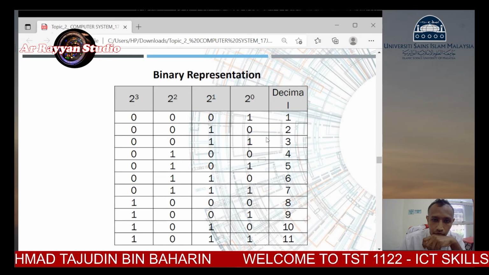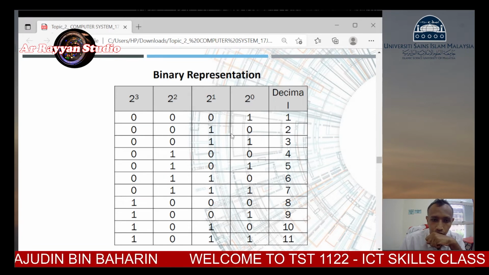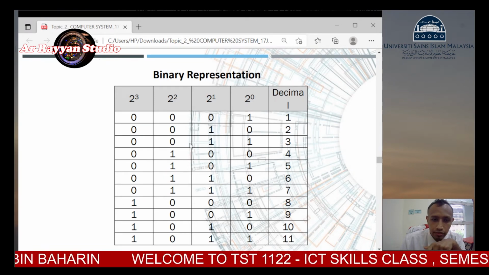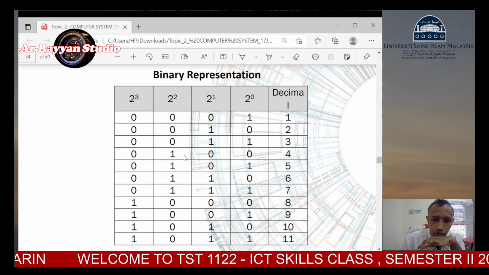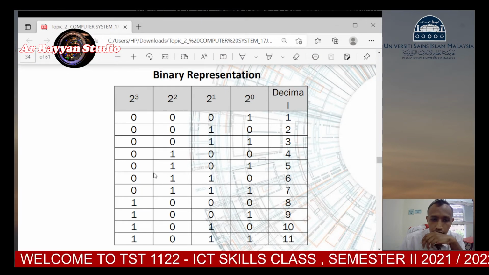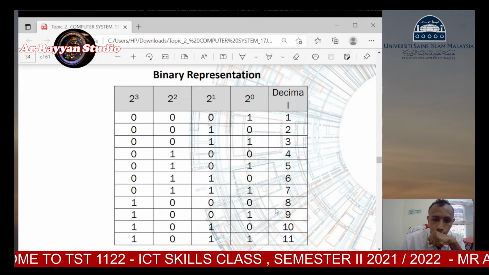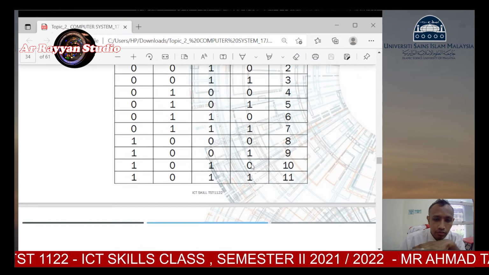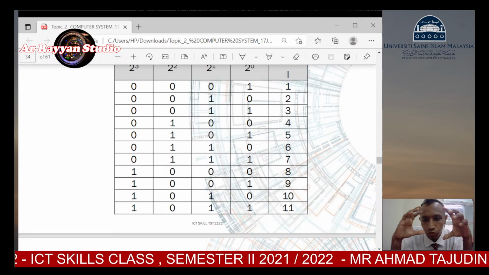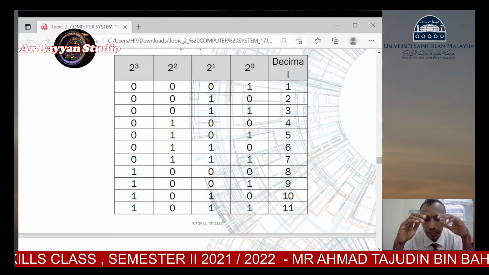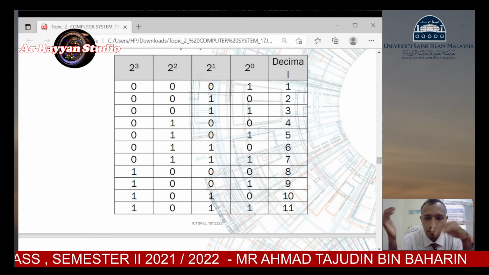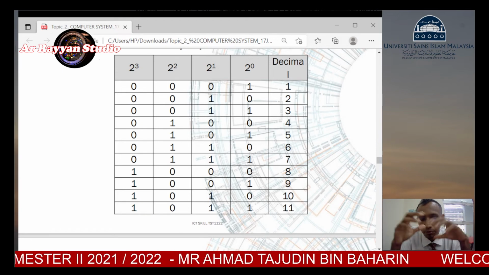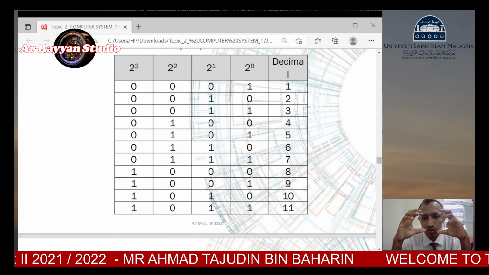Kalau decimal dia 2, binary dia 0010. Then 0011, then 0100, 0101 dan seterusnya. Alright, nanti untuk pengiraan macam mana nak tukar daripada binary ke decimal or vice versa, dia ada pengiraannya sendiri dan saya akan tunjukkan selepas ini.